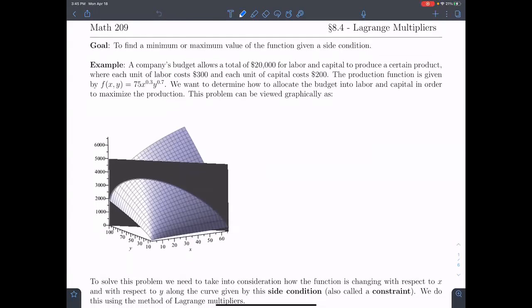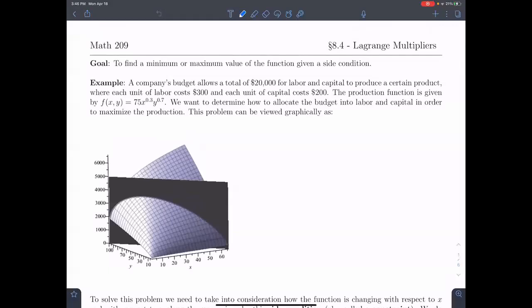So you have this curve, this side condition, and you want to look at how your function is changing with respect to both variables along that curve. This is real world stuff, right? You have a company that has a production function, and you need to maximize that production, but stay within their allocated or available costs for labor and capital.